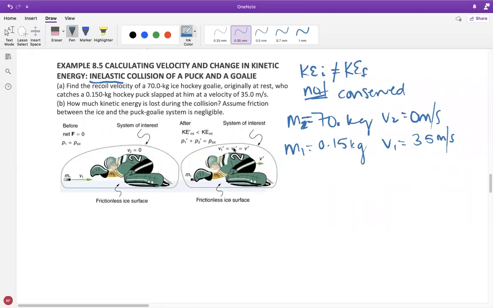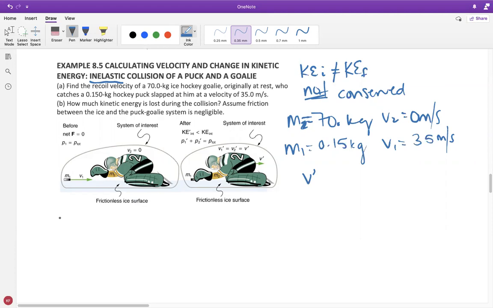So first of all, we need to define what recoil velocity is. That is going to be our final velocity, so we want to know our V prime.